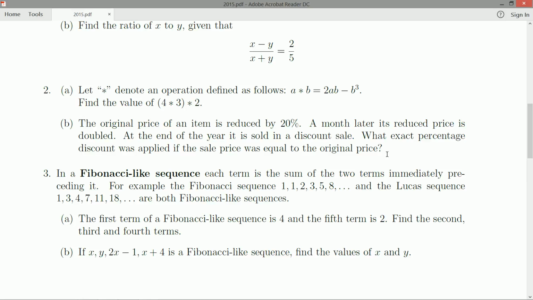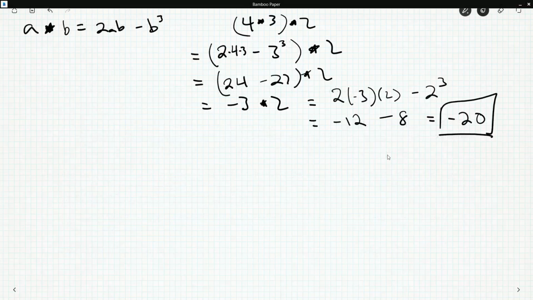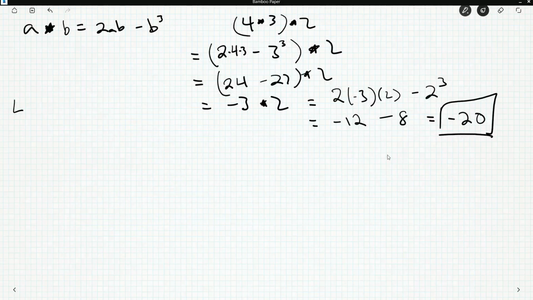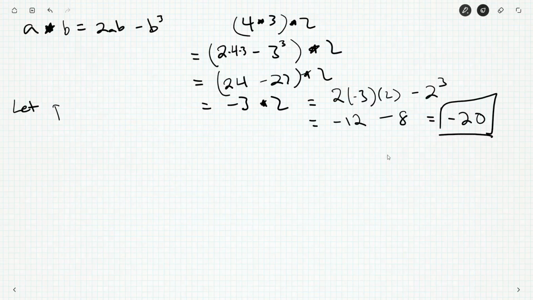So this is sort of chasing through what's happening, the process of what's happening. I might say something like, let P be the original price. You could use X, but why bother? P is the price. Reduced by 20%.